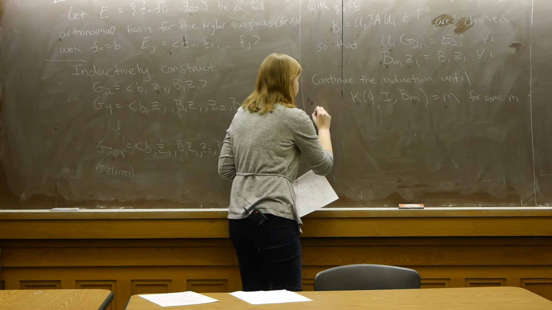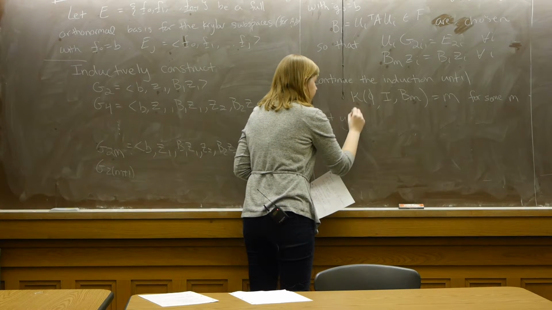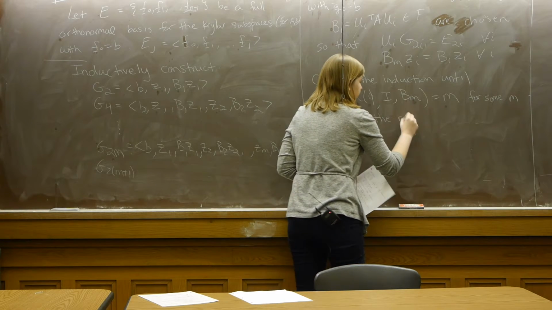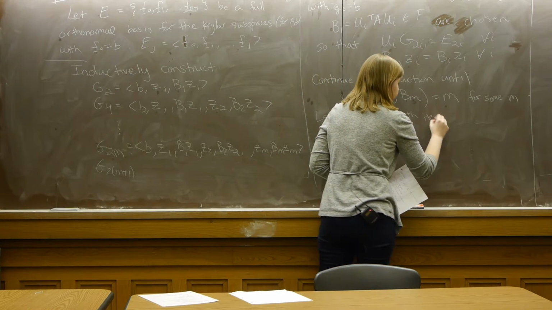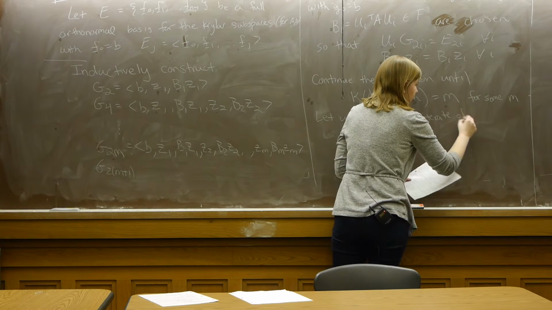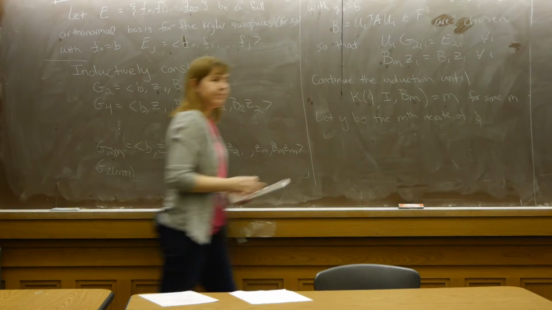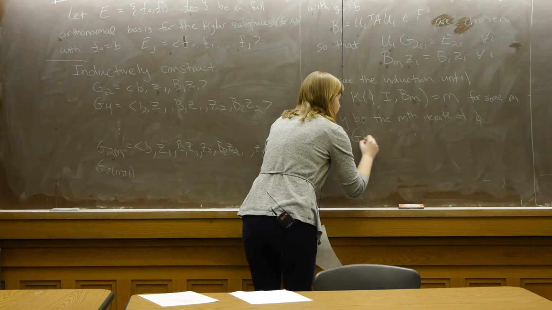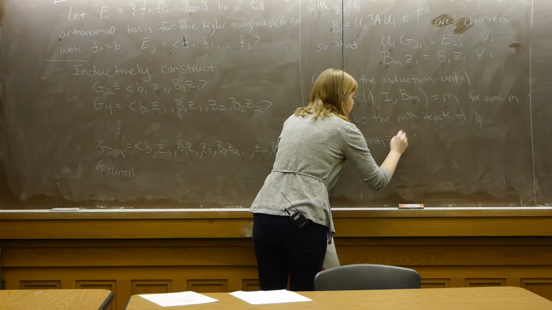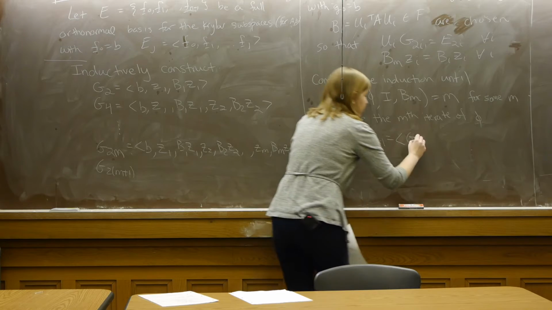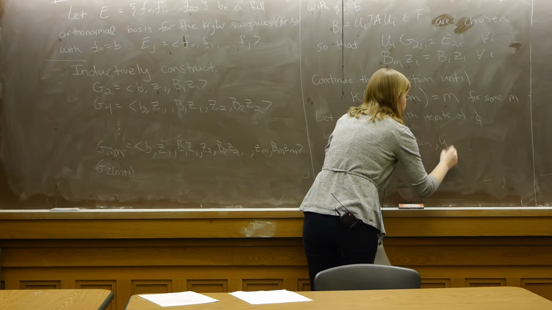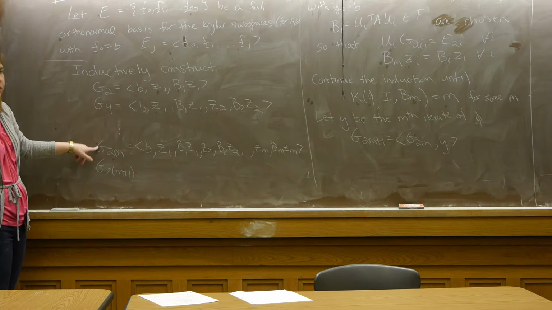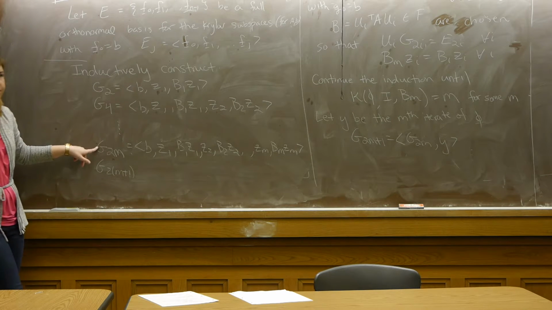Okay, so at this point, let y be the Mth iterate of our algorithm phi, and define now G2M plus 1 to just be G2M and put in y. So we had G2M, and we're just adding on one more vector.